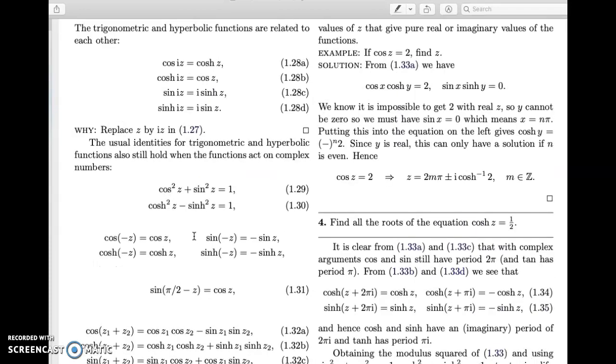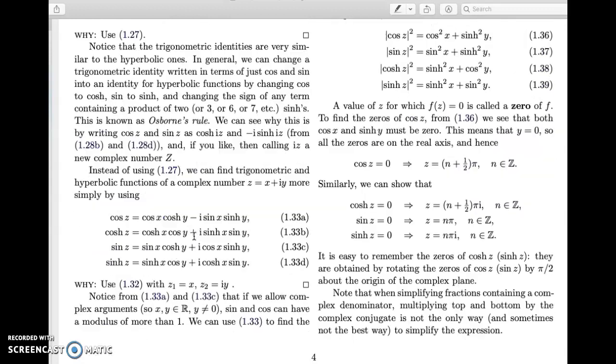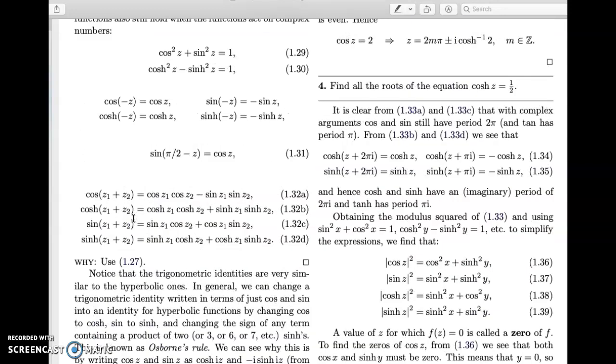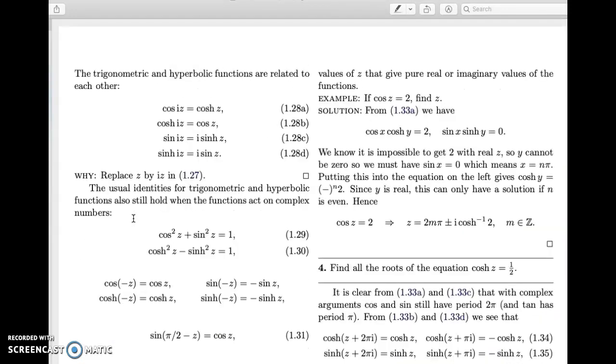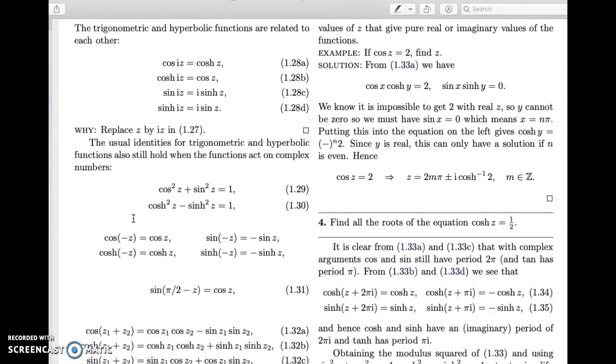So in this next example, what I'm leading up to is that these are quite convenient for finding inverse cos of strange things like 2. We'll see how that works. If cos z equals 2, we want to find z.